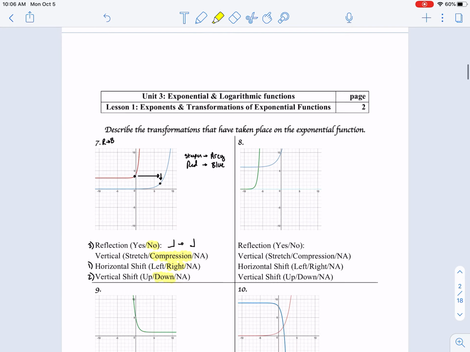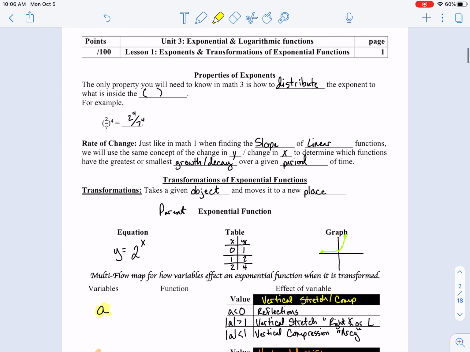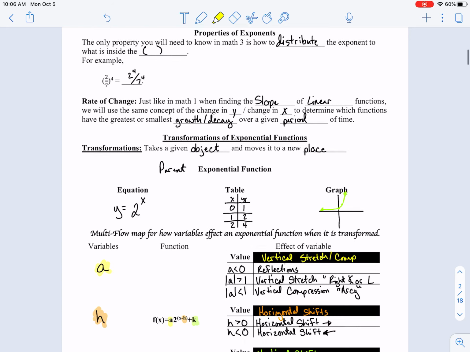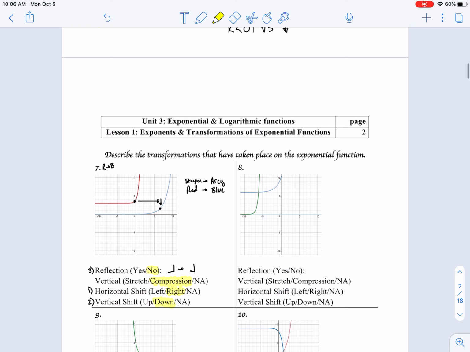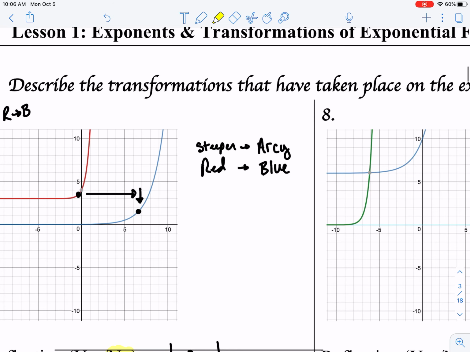Okay, so now I'm actually going to go back and talk about the rate of change. If we think about rate of change as how fast or slow something increases or decreases, if something increases or decreases fast, then it's going to be a stretch.